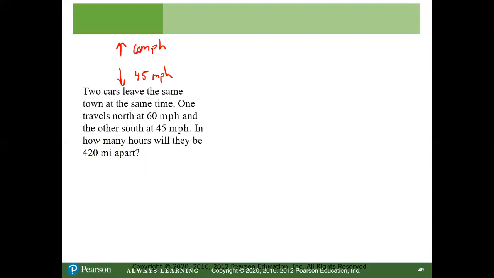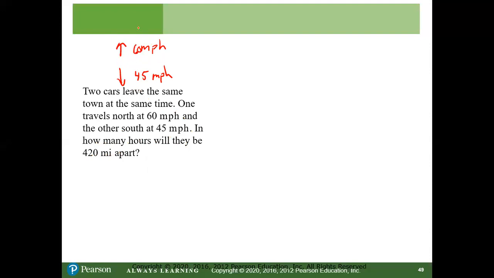So essentially, because they're going in opposite directions, for every hour that they travel, they are going 105 miles per hour apart from one another. Think about it.